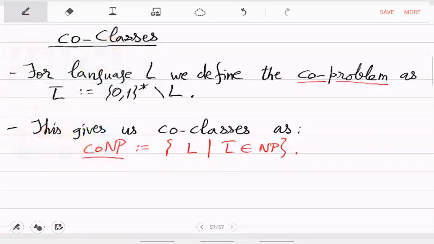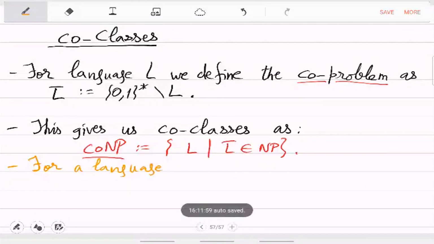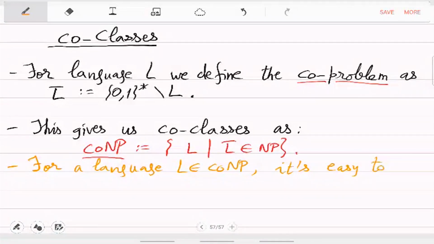So think about that. Here the interpretation is, for a language L in co-NP, it is easy to verify, so for NP it was easy to verify whether it's a yes string, given a certificate.